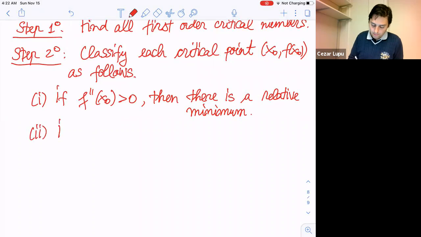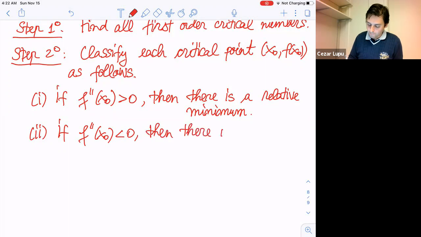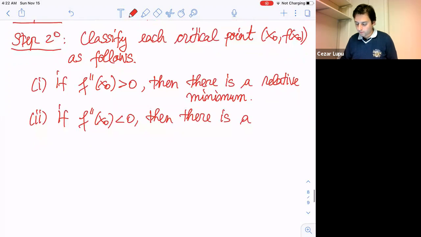Second, if f second prime of x naught is less than 0, then there is a relative maximum.